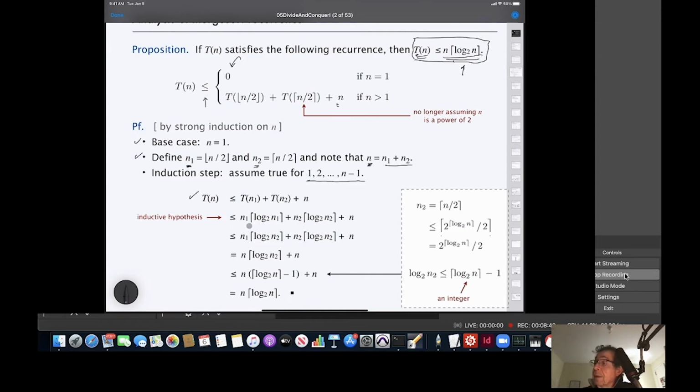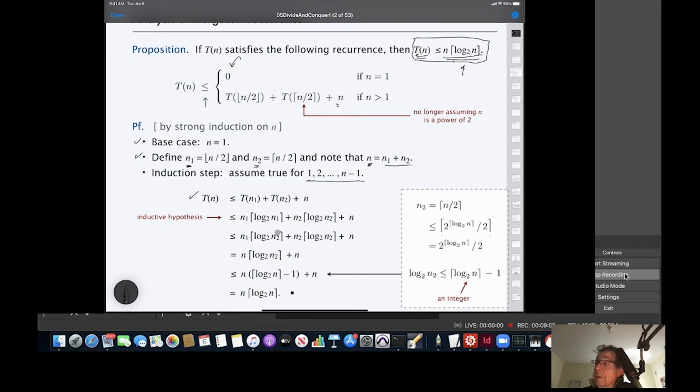Now we'll make a little change. We now write n sub 2 instead of n sub 1, but if you notice, n sub 2 will always be greater than or equal to the floor of n over 2, than n sub 1.